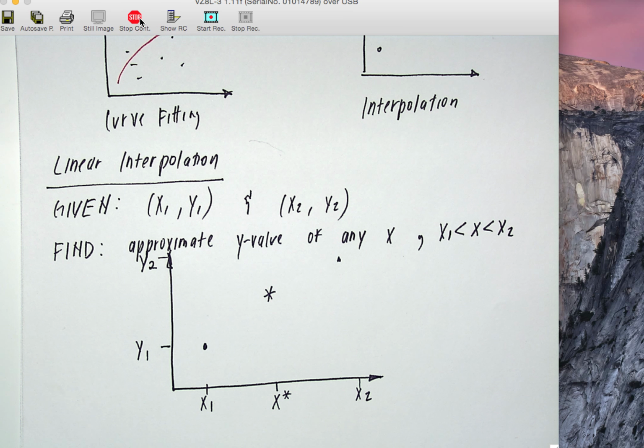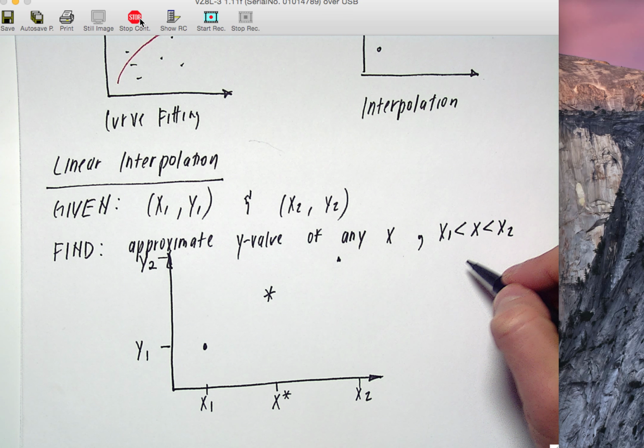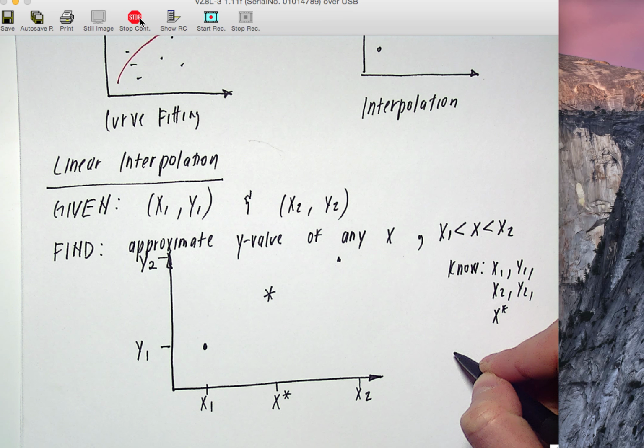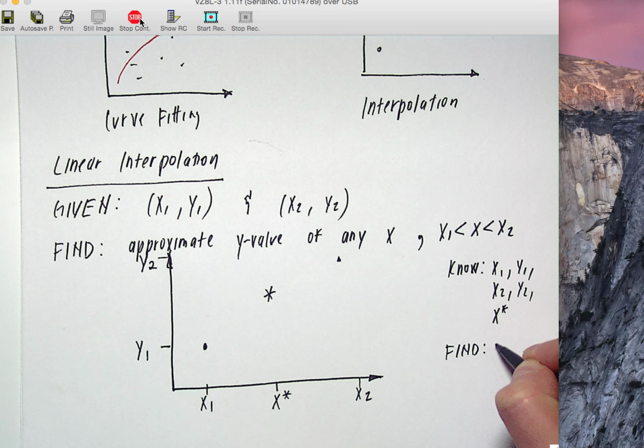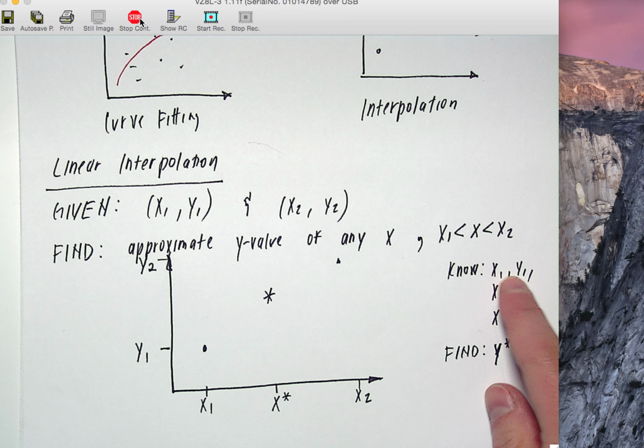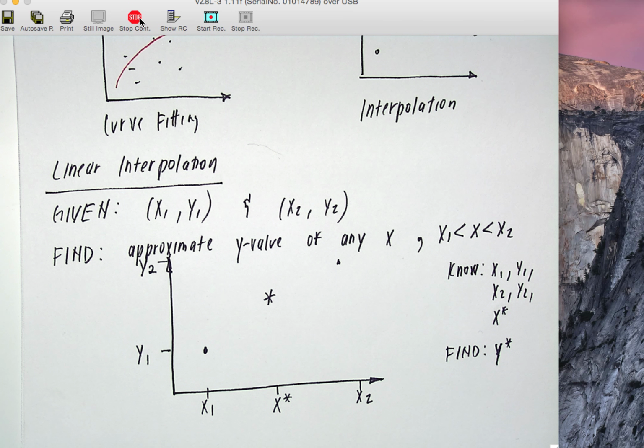You know x1, y1, x2, y2, but you also know x star, and you're trying to find y star. I'm just rewriting it because I'm using the star notation, so you can be clear with what you know. So, for example, when you write your interpolation function, these 3 things are going to be your inputs, and this is going to be your output, the y star.